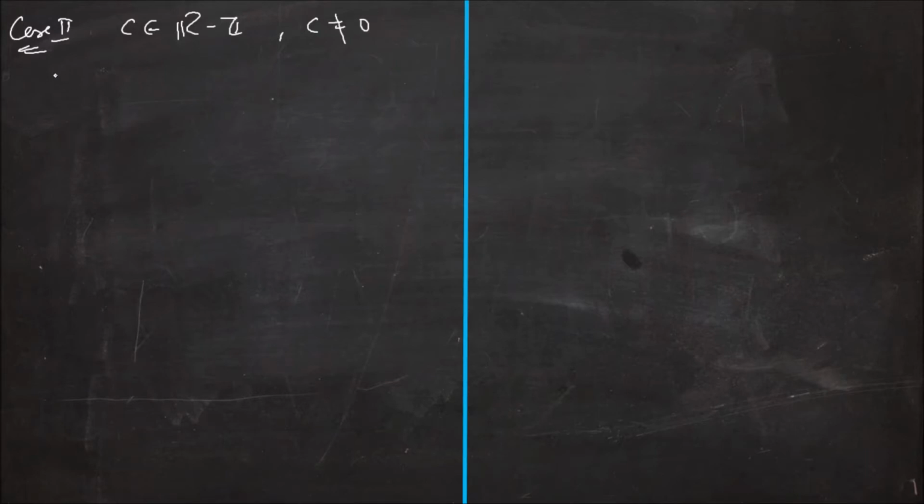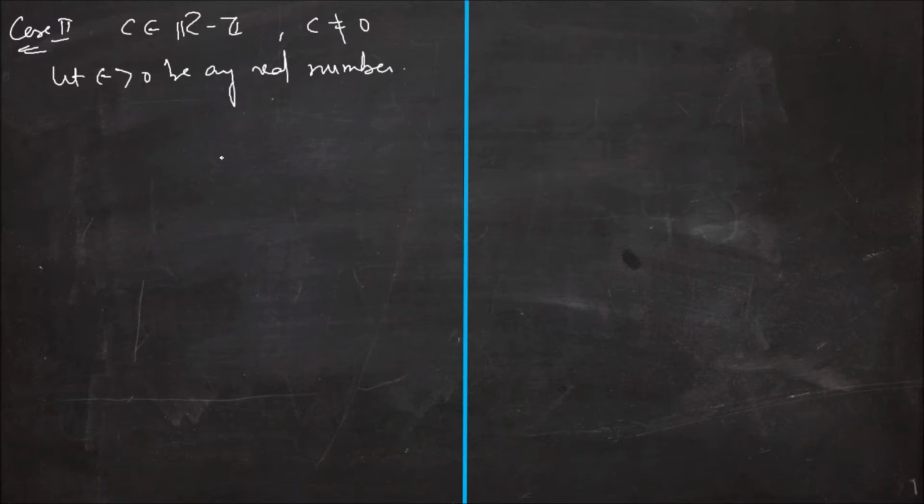So for that, again take any arbitrary epsilon. So let epsilon greater than 0 be any real number. So we have to find a delta greater than 0 such that |x minus c| less than delta should imply |g(x) minus g(c)| less than epsilon.